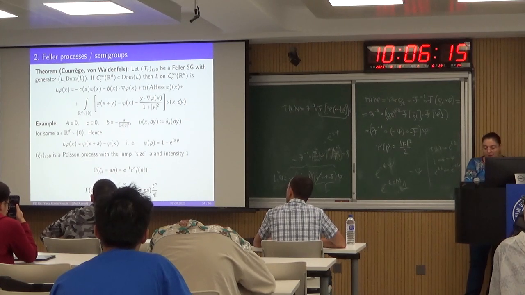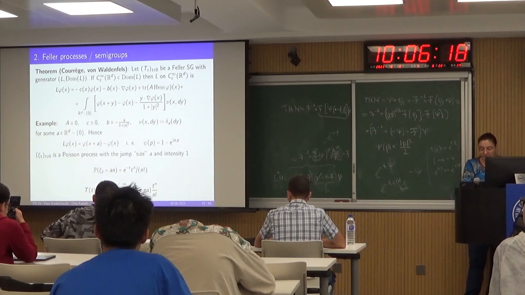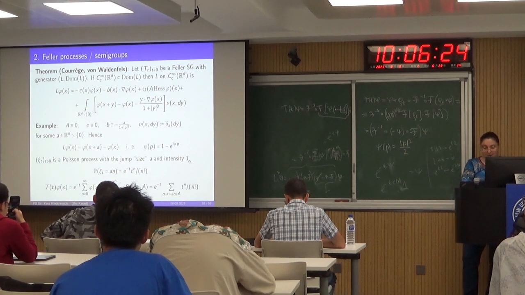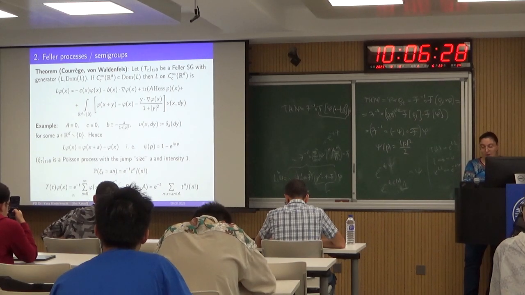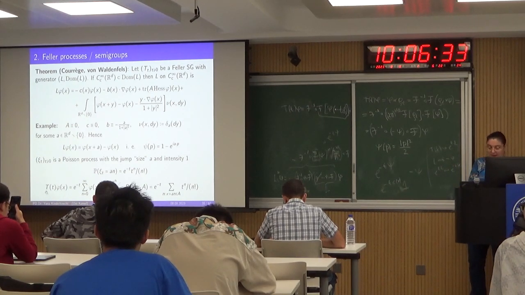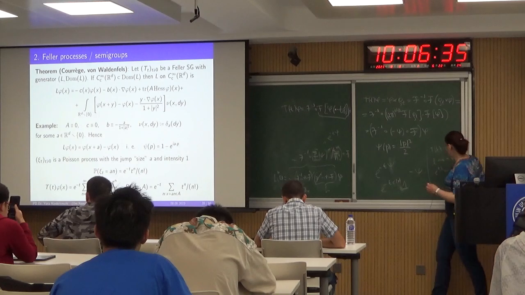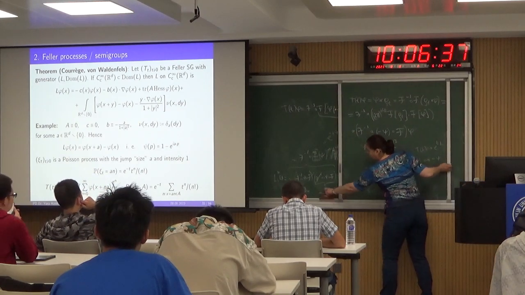Okay, so I recall that the semigroup looks as in here. So again, intensity is 1, my lambda is equal to 1. And my transition kernel is given. Yeah, so if we have a semigroup, and we know that this is a Feller semigroup, then how do we calculate the kernel?